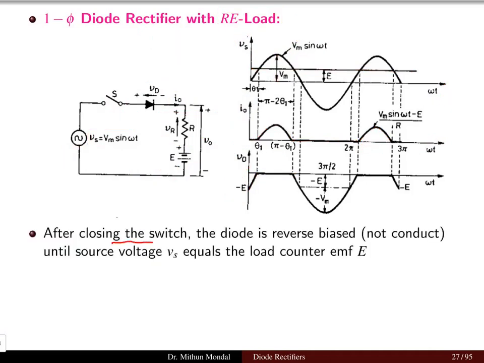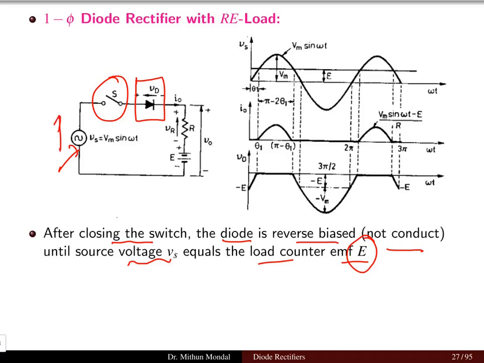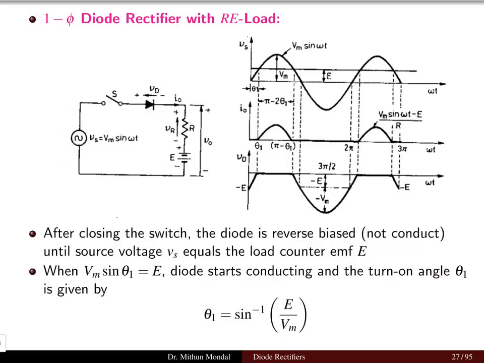So once we close the switch, the diode is reverse biased and will not conduct until the source voltage Vs equals the load counter EMF E. So we have the source voltage Vs and there is a counter EMF E. Unless these two voltages become equal, the diode will not conduct and will be reverse biased.